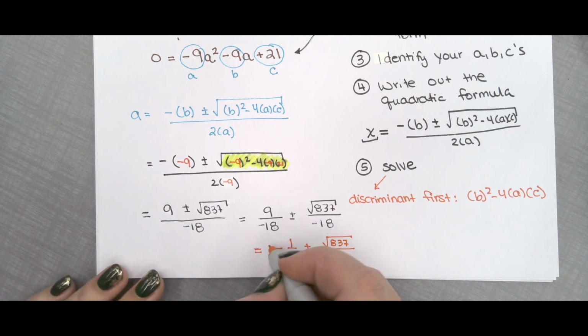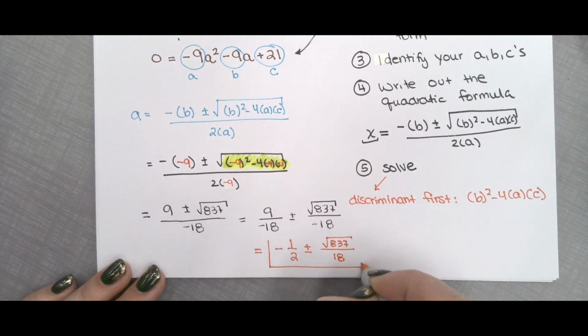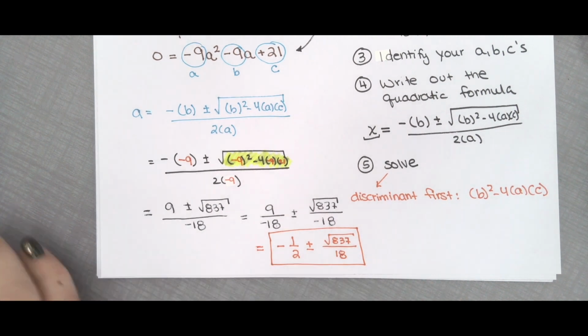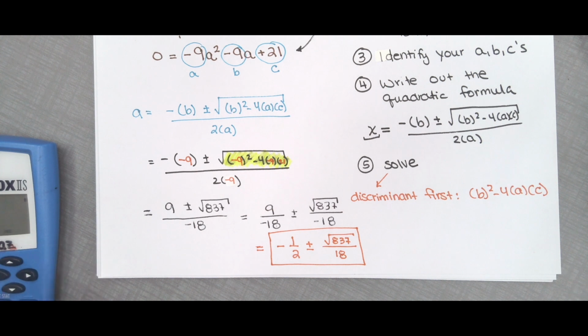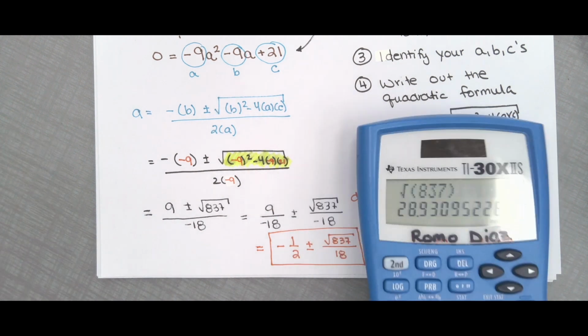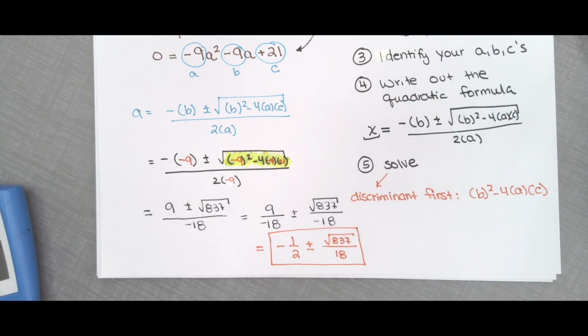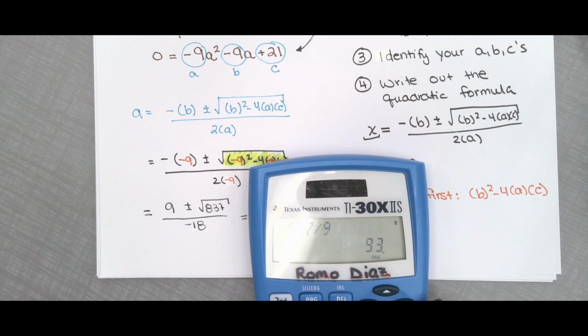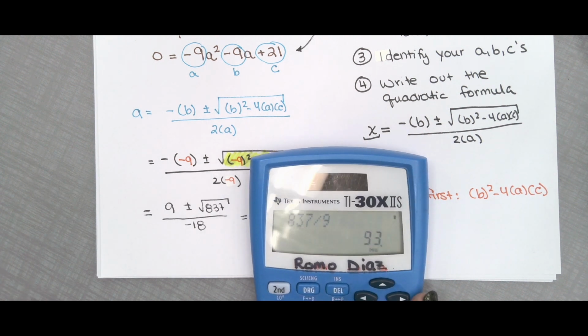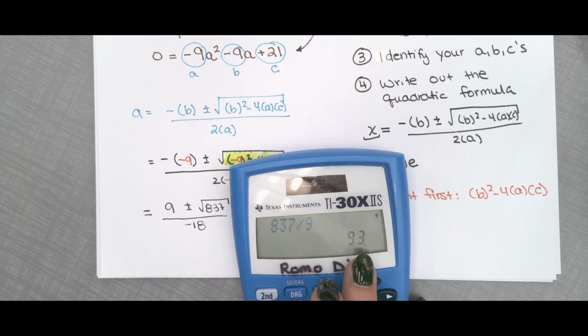And so then, if you cannot simplify further, that is your answer. Let's see if we can simplify 837. First thing I'm checking is if it's a pretty number. Definitely not a pretty number. Next, I'm going to go into my perfect squares, like 4. That doesn't work. 9. 9 works, beautiful people. I didn't expect 9 to work. So let's see if we can get a bigger number than 9.